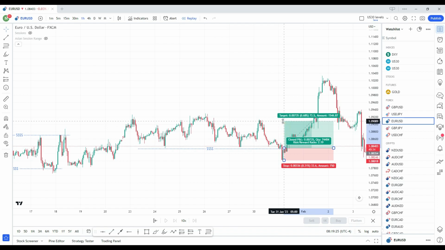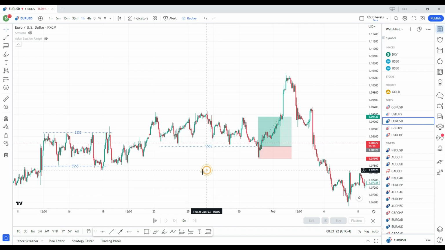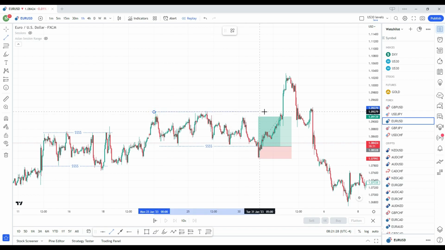If you took a trade here, you would take your first profits, partials, with a risk reward ratio of 1:2, which is still a good one. Again, if you look at these equal highs, it's an equal highs zone here.